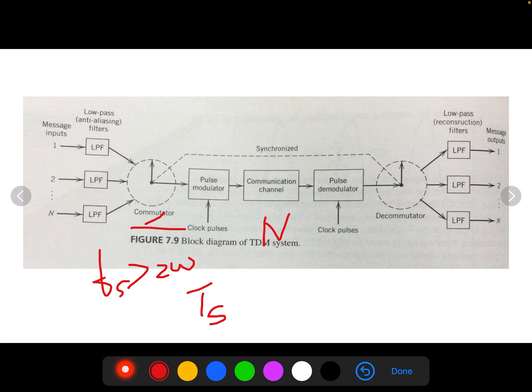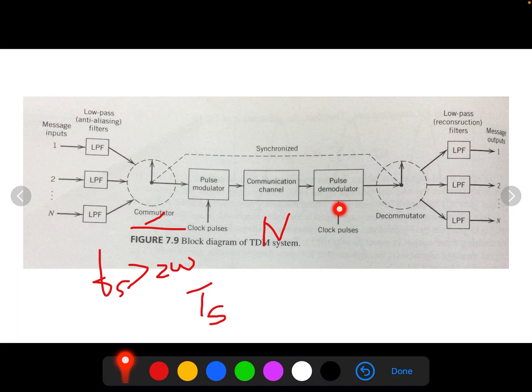At the receiving end of the system, the received signal is applied to a pulse demodulator, which performs exactly the reverse operation as that performed in the pulse modulator.